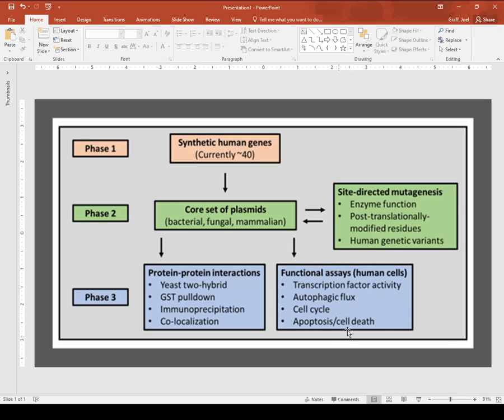In all of these cases, we are approaching these functions from the viewpoint of what impact they would have on a virus infection in a human cell. And so that's why we chose these particular assays to understand potentially how our antiviral proteins are working.